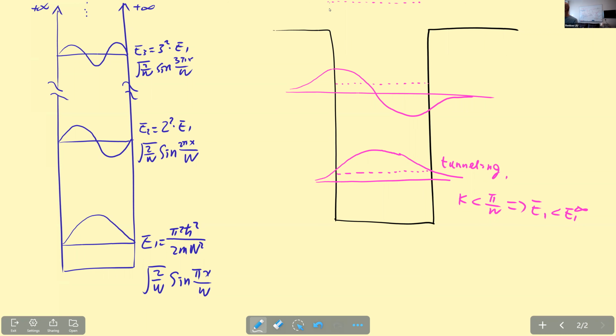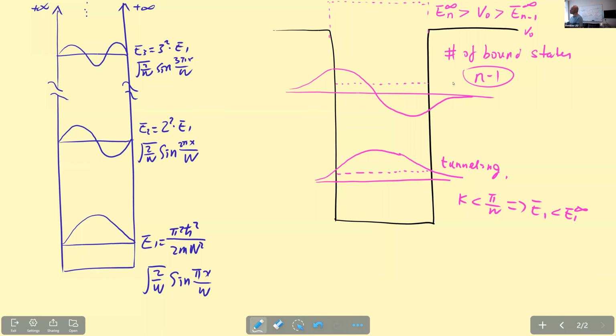So if this energy, E_M infinite, is greater than V0, and this one is greater than E_(M-1) infinite, then the number of states will be just M minus 1, okay?